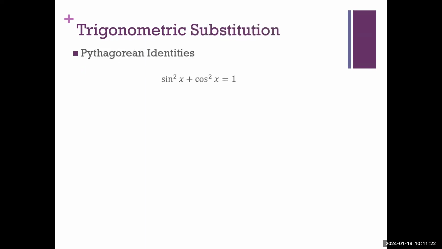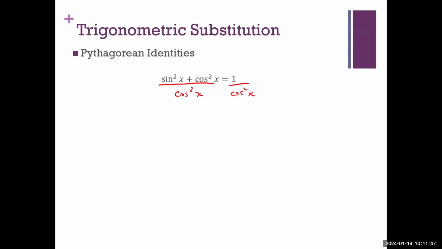So since we're talking about Pythagorean identities, we talked a lot about this primary one, sine squared plus cosine squared equals 1. But from here, we can generate some additional identities as well. So one thing I want to do here is if I divide both sides of this by cosine squared of x, what do I get?